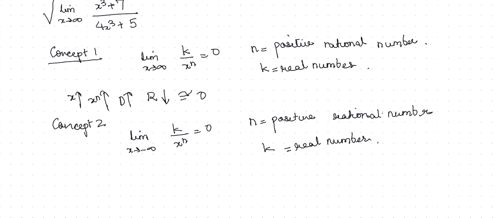This works for all values except when n is equal to half, since we cannot find a square root of a negative number.